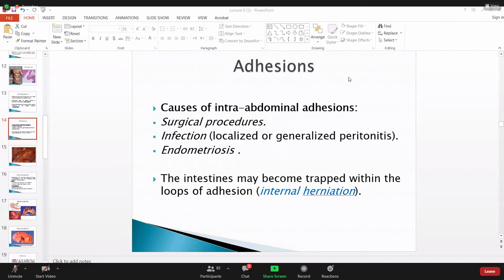Why does it cause adhesions? Because it responds to hormones, so it follows the hormonal cycle of the endometrium and subsequently the menstruation, with bleeding and shedding. When there is recurrent bleeding, this bleeding undergoes organization and healing by fibrosis, so it causes adhesions. The intestines may become trapped within the loops of the adhesions, which is internal herniation, which is not very common.